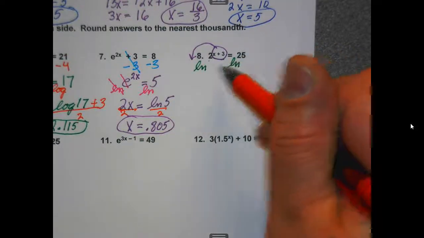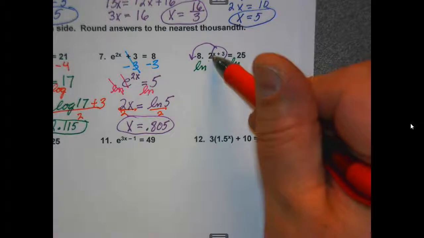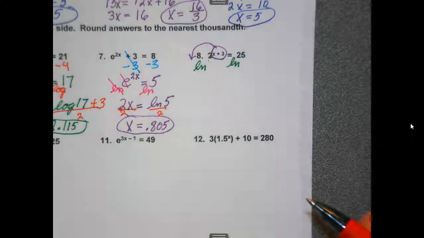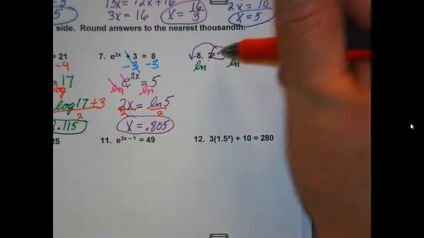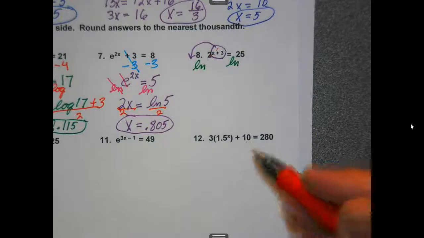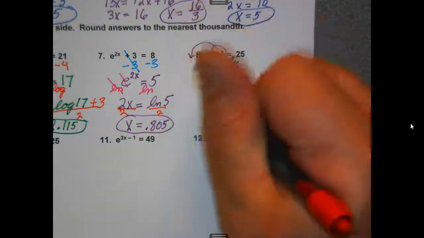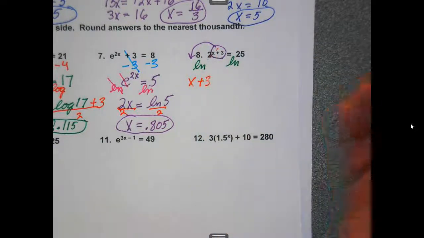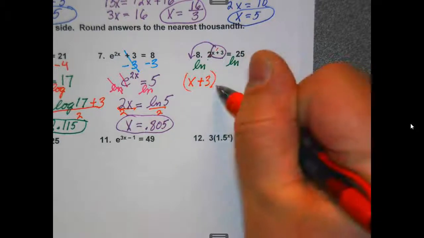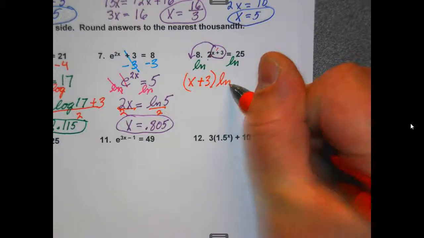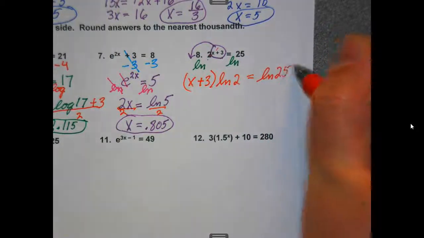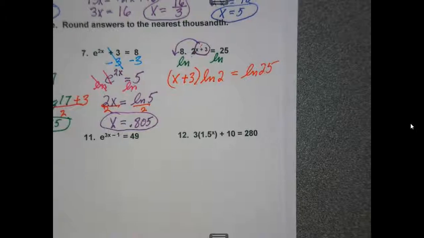Because I could take ln of 2, and you're going to end up dividing both sides by the ln of 2, because there's nothing I can do with that x plus 3. So I'm going to put it out in front because it's easier to understand teaching you guys. Because we did that, my x plus 3 goes in the front using that property: x plus 3 times ln of 2 equals ln of 25. That's more understandable. Okay, I'm moving the exponent to the front.